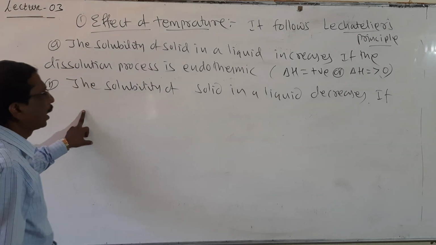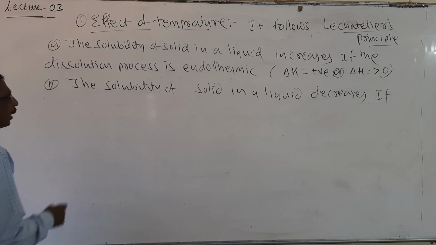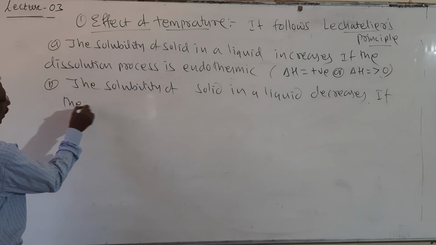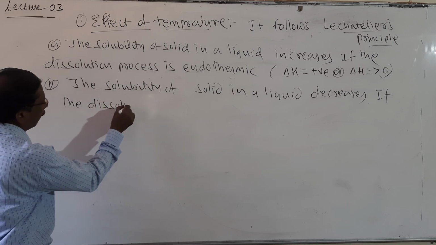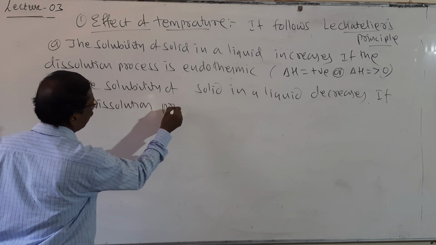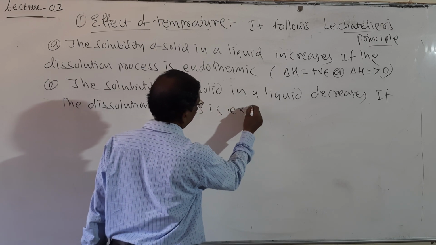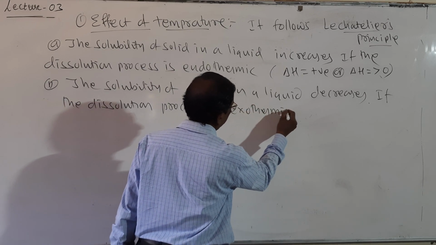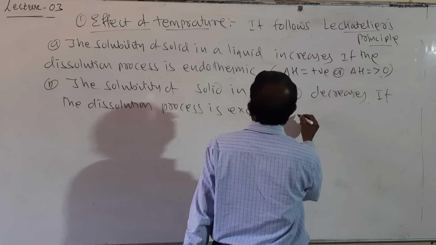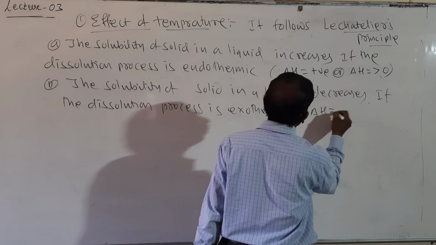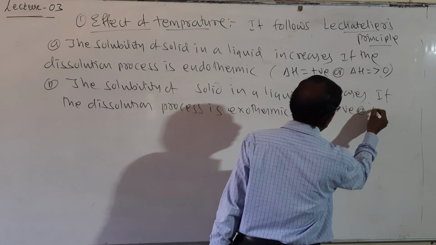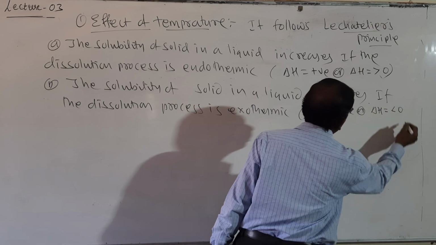And the solubility of a solid in a liquid decreases if the dissolution process is exothermic, that is, delta H is negative, or delta H is less than 0.